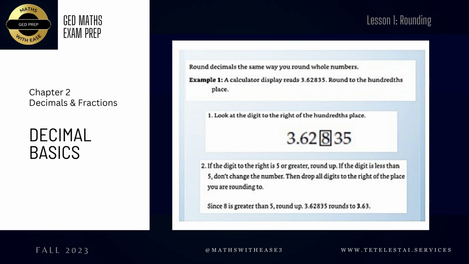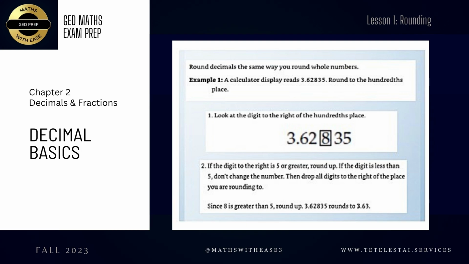If the digit to the right of the hundredths place is 5 or greater, you would want to round up. But if the digit is less than 5, don't change the number.